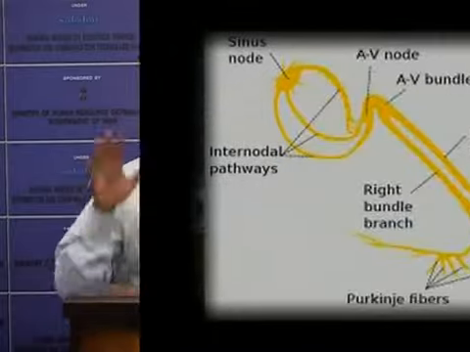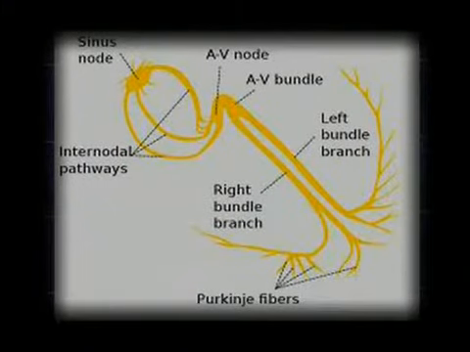And there are conducting cells, called internodal pathways, that interconnect the SA node and AV node, and they distribute the stimulus through the myocardium. In the ventricle there are the AV bundle and bundle branches. AV bundle is also called bundle of His, and this is the only electrical connection between atria and ventricle.